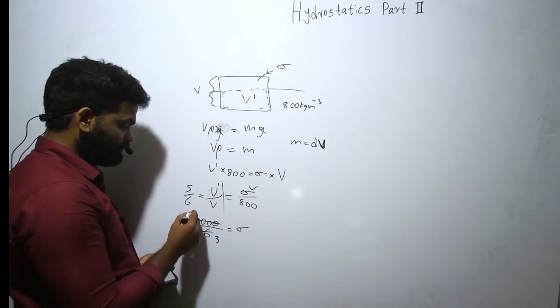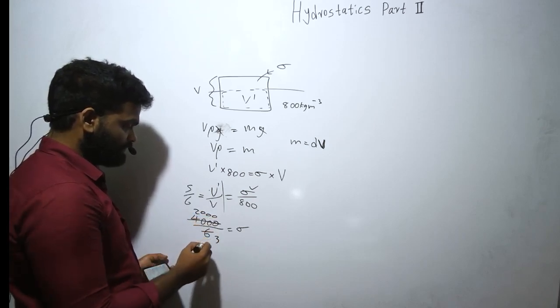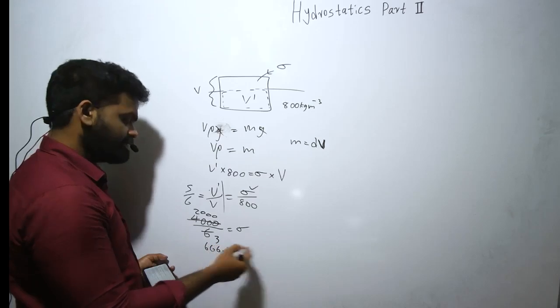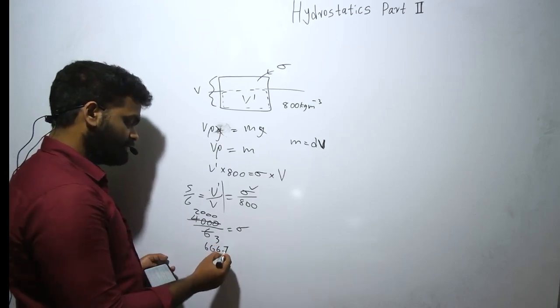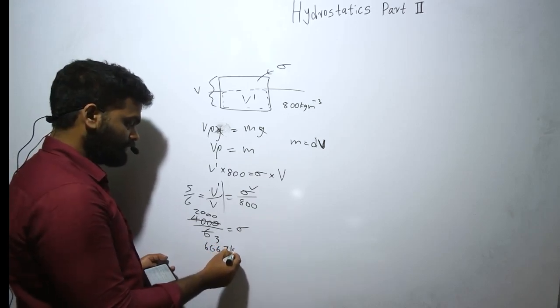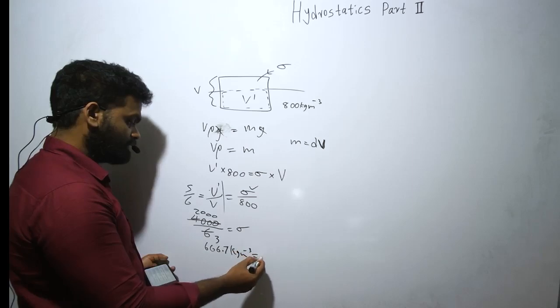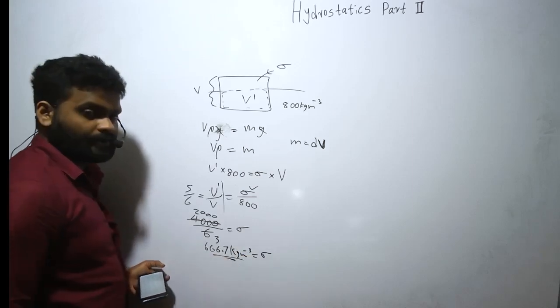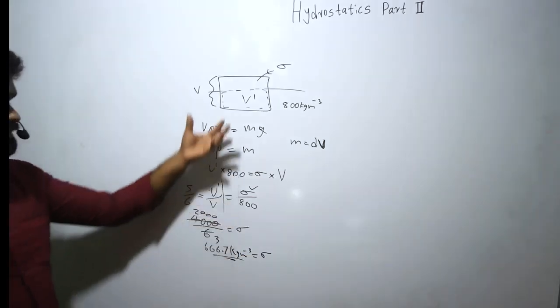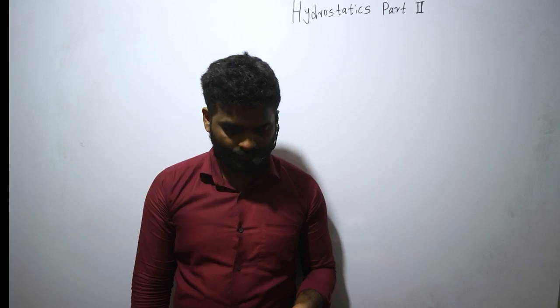Divided by 2, 2000 divided by 3, so 666.66. So if you round it off, it becomes about 667 kg per cubic meter. So this is sigma, right? So this is the density of the object.